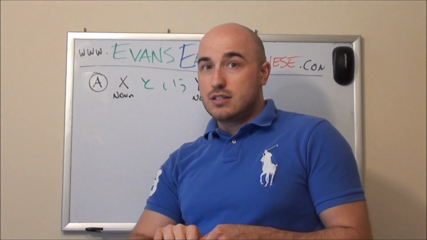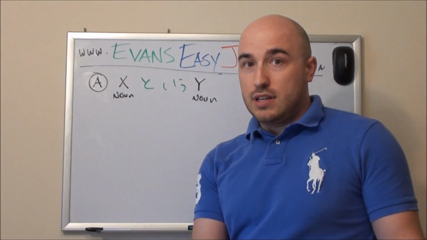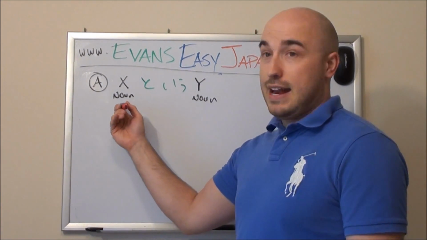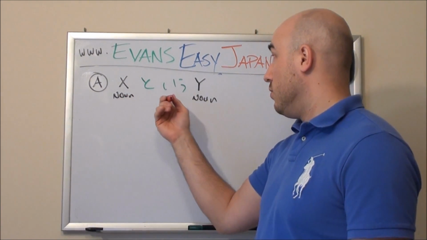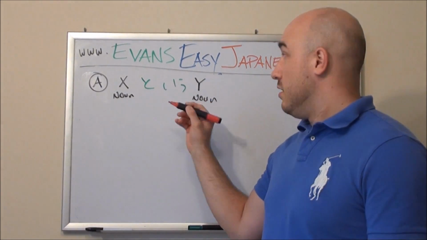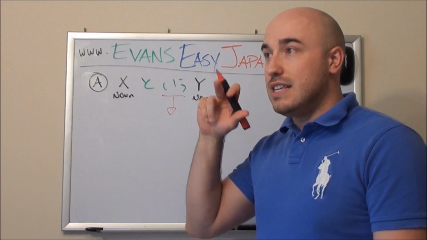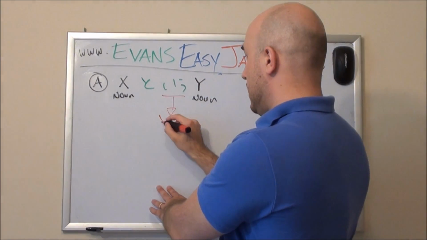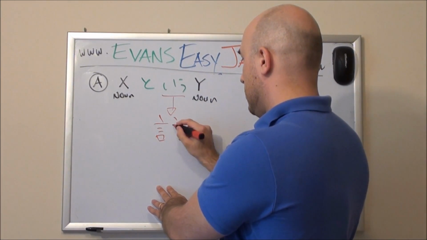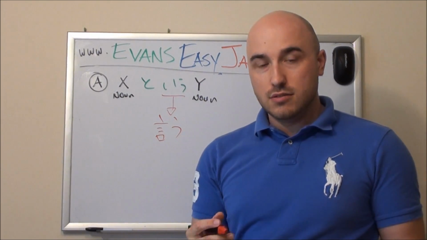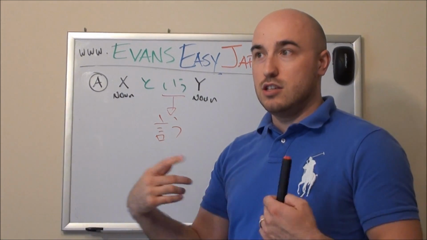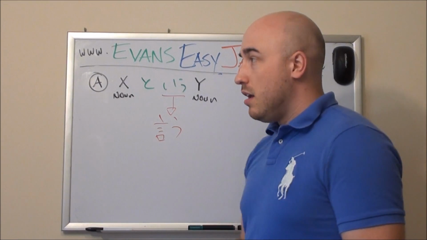So really quickly, just to point out what I mean, if you'll notice, grammar point A is a noun followed by to another noun. This iu is the verb imasu in the plain form: iu, imasu, and there's the iu nakata, things like that.